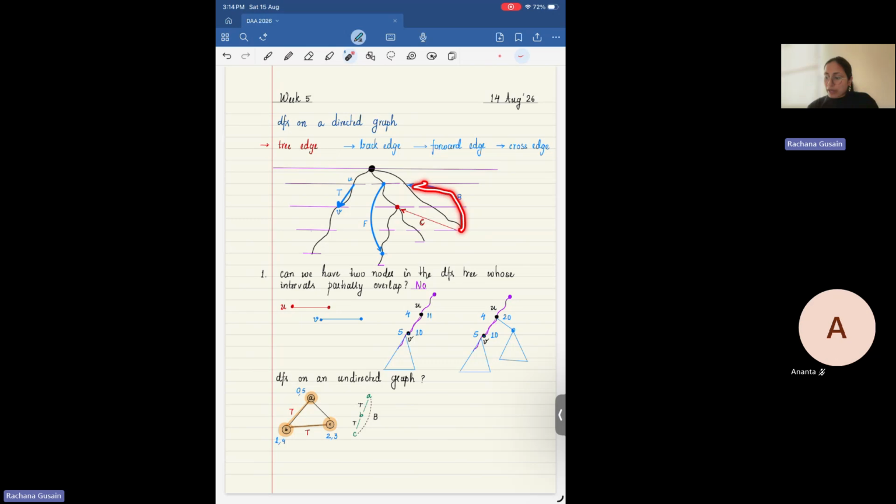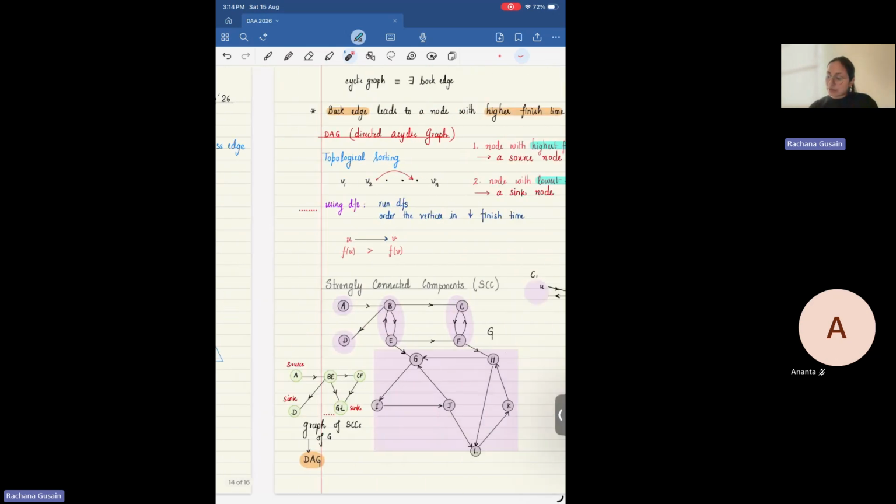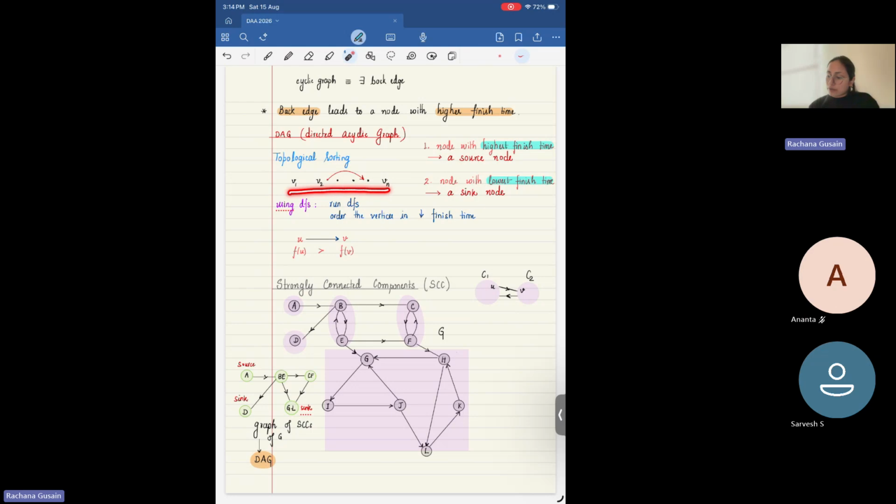So it's only a back edge that leads to a node with a higher finish time. Since in this order we have the nodes arranged in decreasing order of finish time, I'll never have a back edge. All the edges will either be tree edge, forward edge, or cross edge, and all the edges will be pointing in the forward direction.